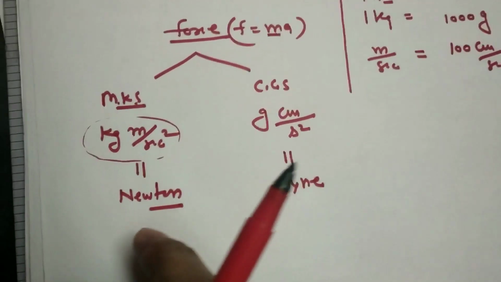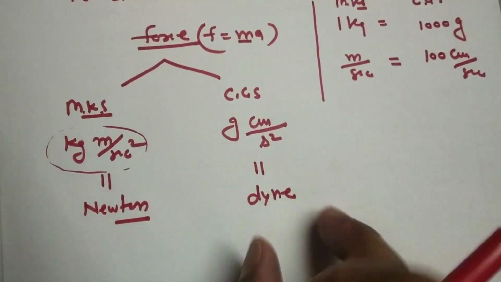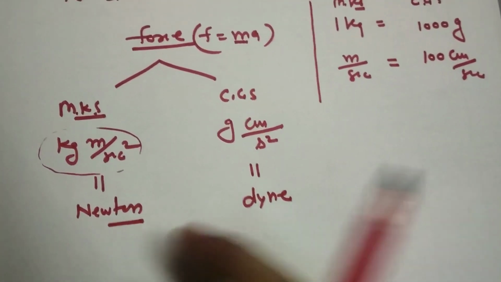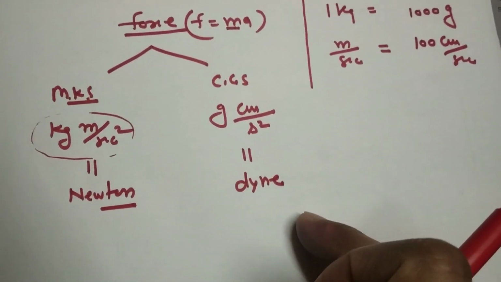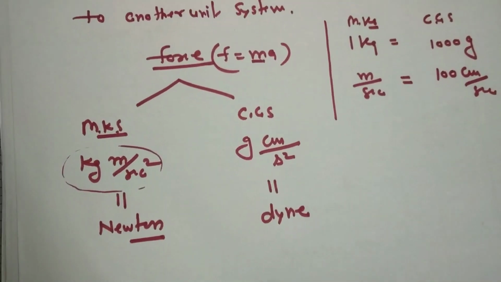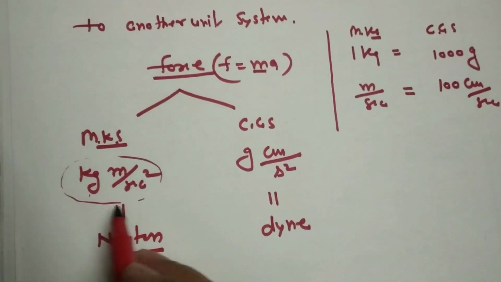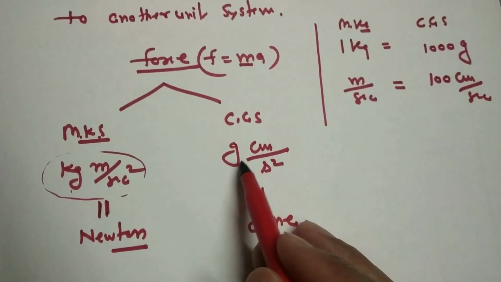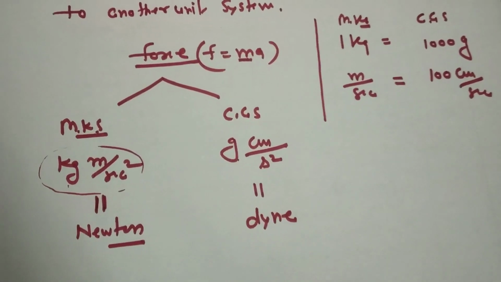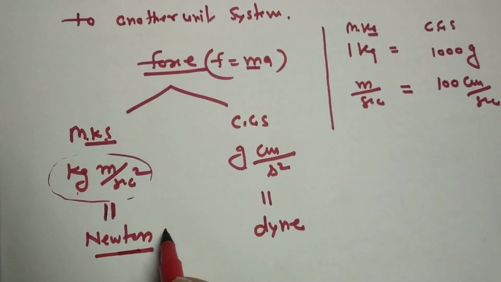I hope you have heard these two words, Newton and dyne, and you know the relation between Newton and dyne. You already have studied in lower classes. So kilogram meter per second square is called Newton, and gram centimeter per second square is dyne. How will you define 1 Newton?